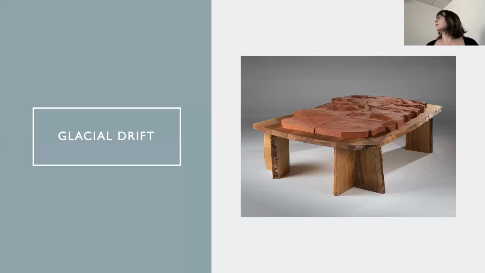This piece, Glacial Drift, is one where I use a CNC router to carve really high density foam with the topographical landscape of the field station, and then use those pieces of high density foam to cast press mold clay from them. So these are clay tiles, and this piece is about 6 feet by roughly 4 feet wide.